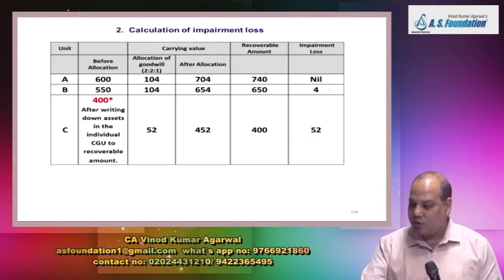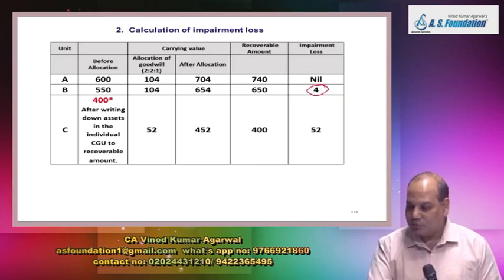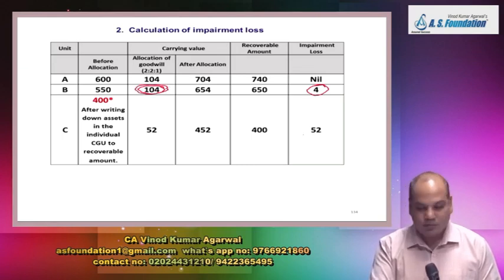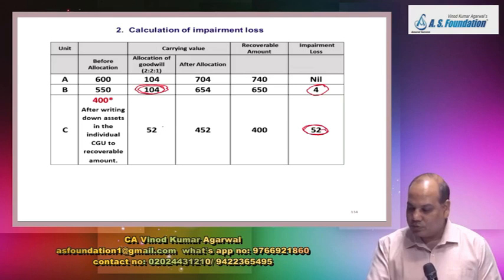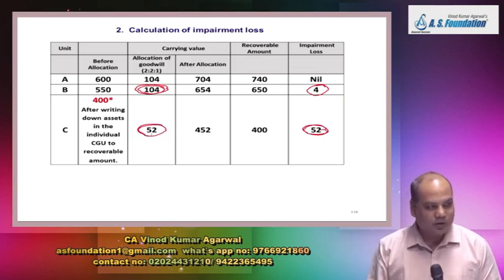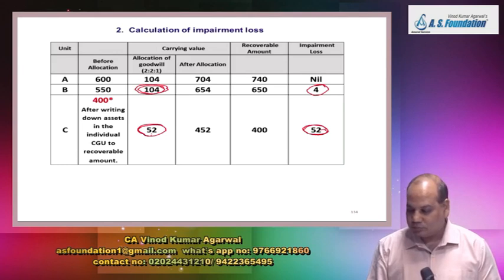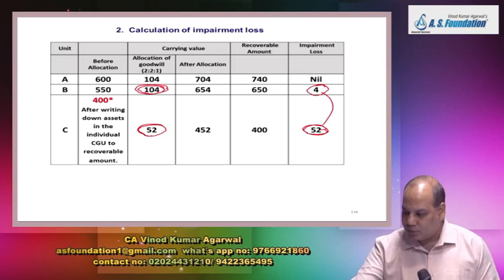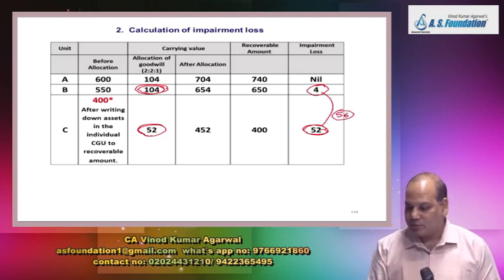Now where will you allocate this 4? First towards goodwill. Is goodwill sufficient here? Yes. This 52, of course it will go to goodwill only. The asset was already impaired. So now my total impairment loss towards goodwill will be 56.